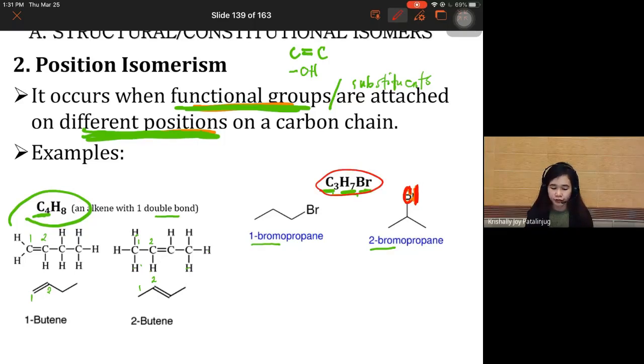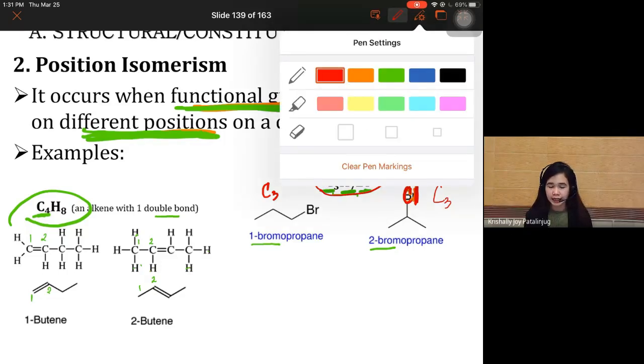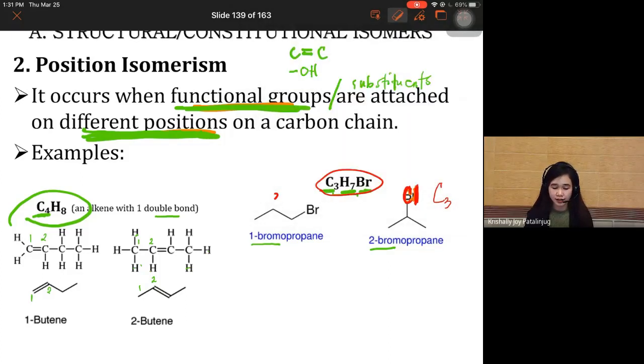You have to count first if kani nga molecule tulo ba ka carbon, kanipod nga molecule tulo ba ka carbon. Okay? So dapat i-check sa ninyo ang structure kung parehas ra ang number of atoms and kind of atoms present in the structures being presented before mo mag-identify sa specific type of isomerism.